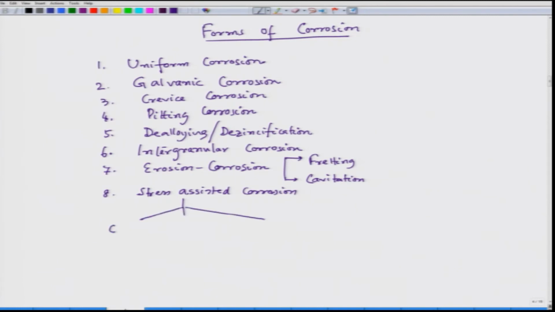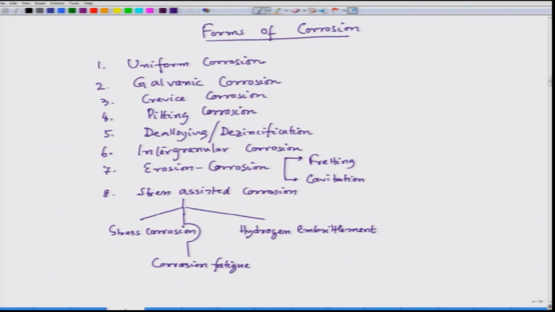One is stress corrosion, then corrosion fatigue, and another one is hydrogen embrittlement. And in case of hydrogen embrittlement, we have few other forms. For example, hydrogen blistering is one form.